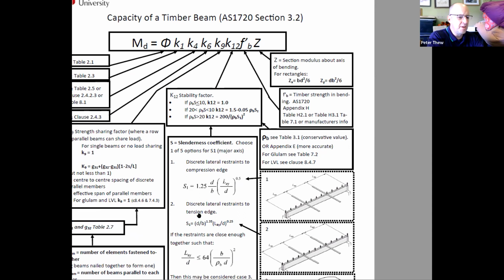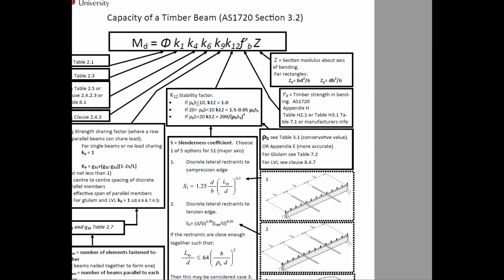So what were the dimensions of your beam again? This one is 100 mil wide by 300 mil tall, and 6 meters long, but restrained halfway. Okay, so let's do it.